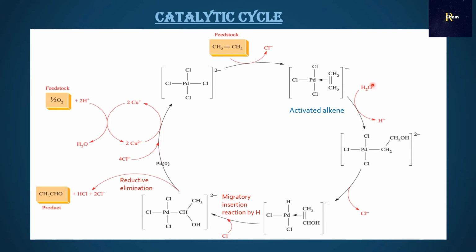So water with its lone pair attacks this alkene, and this pi bond breaks on this metal, and there is a formation of this complex. Here, after the addition of water, one proton from the water is removed, and since in the first step there was a removal of Cl minus, there is a negative charge here, and again there is an H positive removal, so there will be a total charge of 2 minus here.